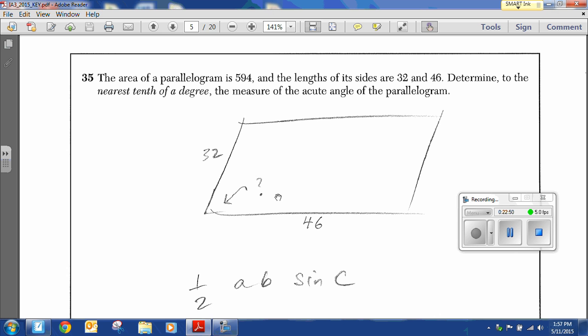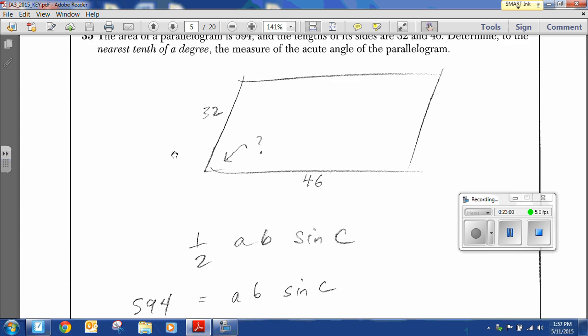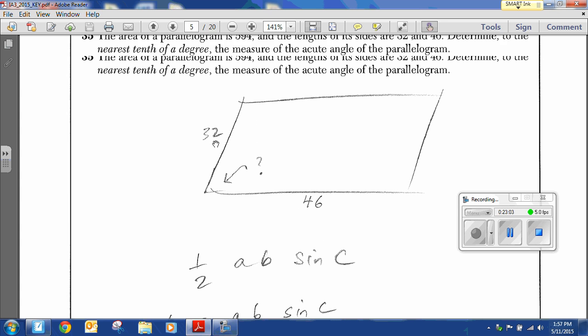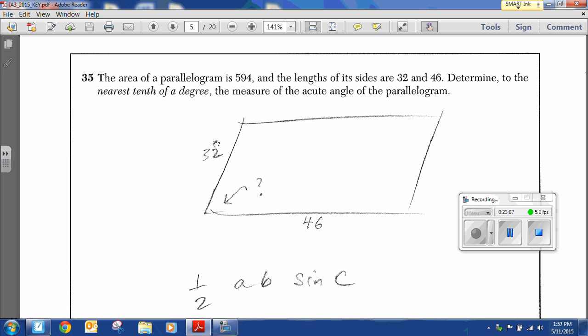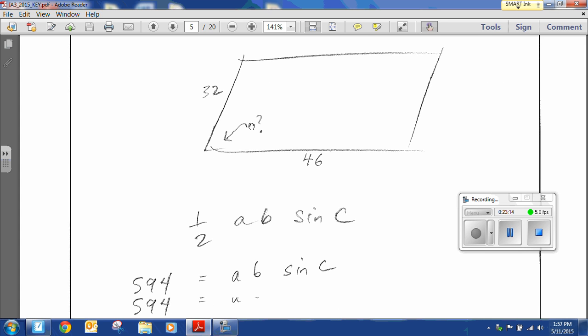Number 35, the area of a parallelogram is 594, and the lengths of its sides are 32 and 46. Determine to the nearest tenth of a degree the measure of the acute angle of the parallelogram. So this is a triangle. So we want to work backwards, right?